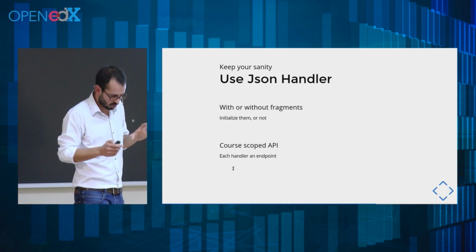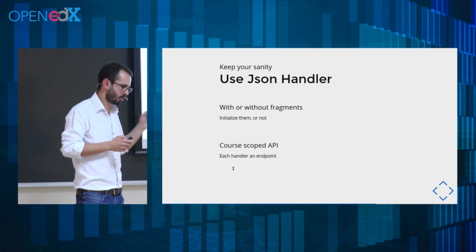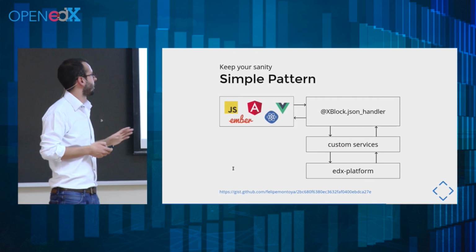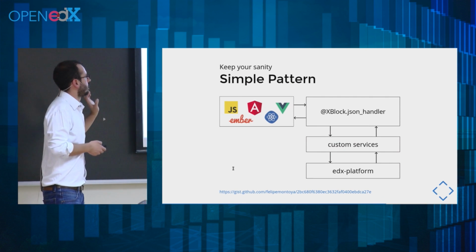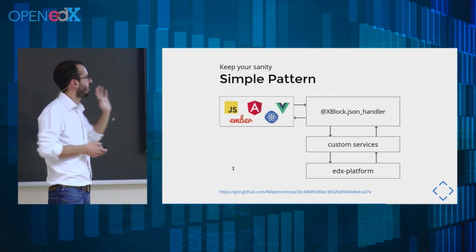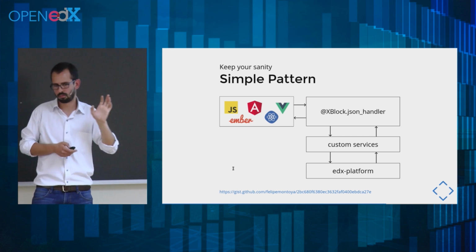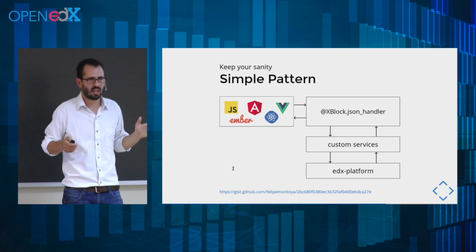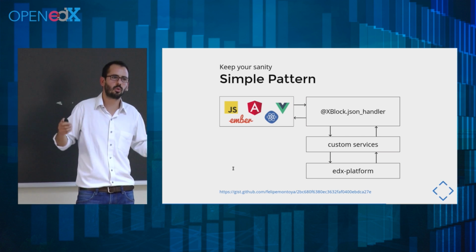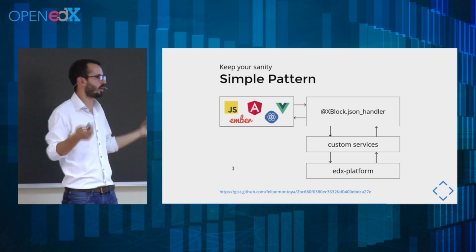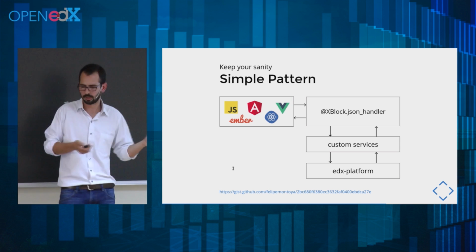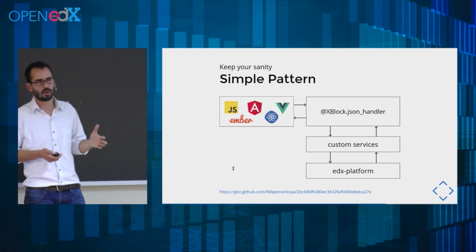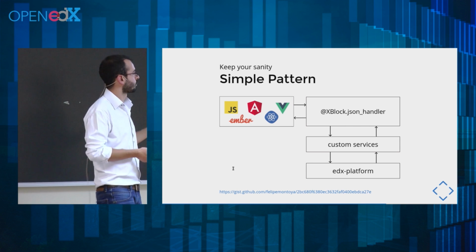And with these pieces in mind and projects to go through, we came up with this pattern. So on the front end, you take anything you want, like JavaScript, any framework. Why do we have to say anything about the frameworks you like? Just go get it. Then you have those frameworks talk to the JSON handler.